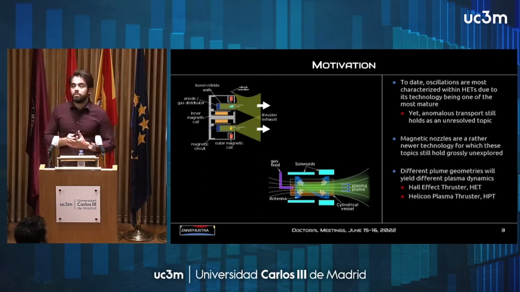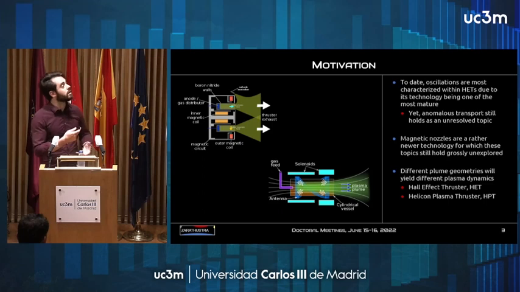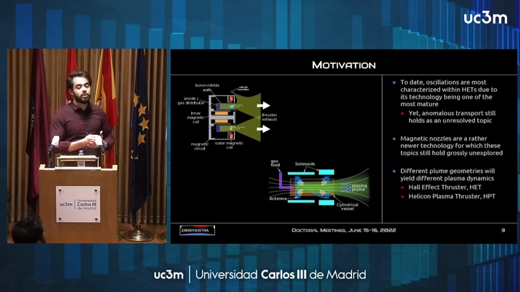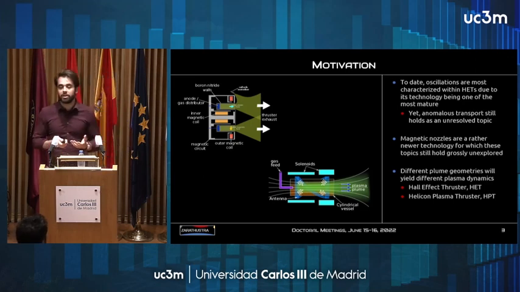But for instance, anomalous transport is still an open topic because some models predict how the electrons should transport, but they fail to predict the magnitude of this transport by a factor of 10, more or less. So this means that there's still something that we don't really understand yet.